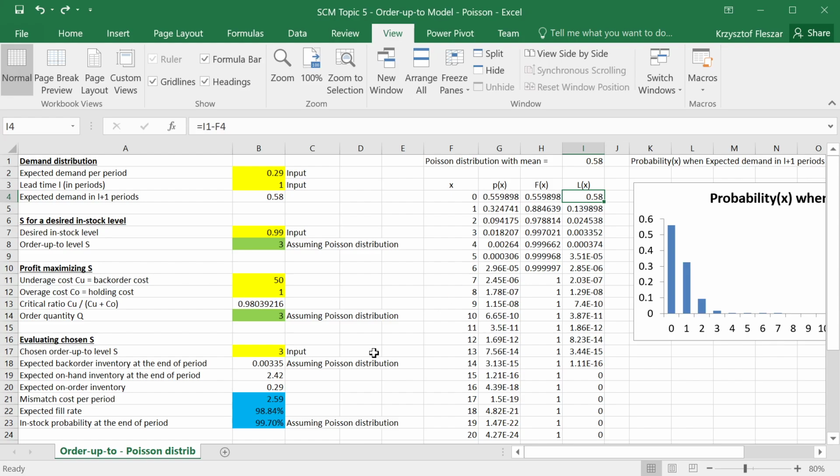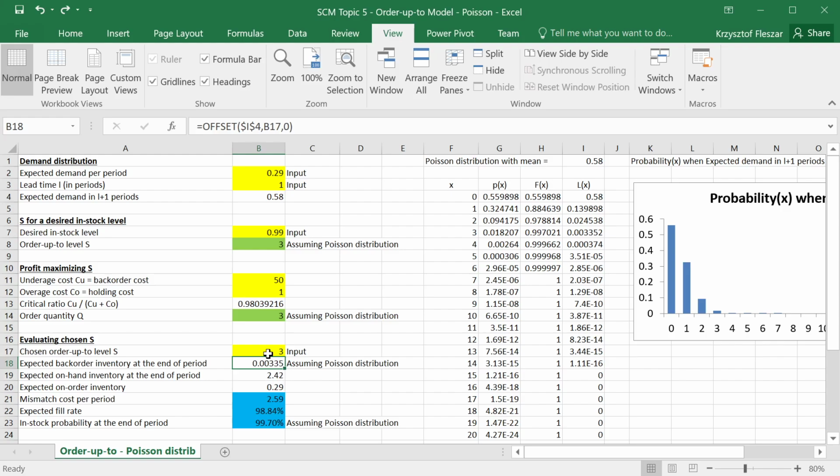Basically, this is not really a calculation. This is just taking the appropriate value. So if S is equal to 3, this is picking up from the row with S3 the value of the Poisson loss function with mean equal to the mean of demand during L+1 periods.